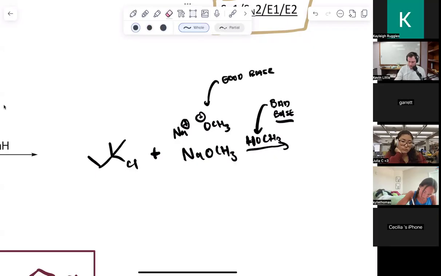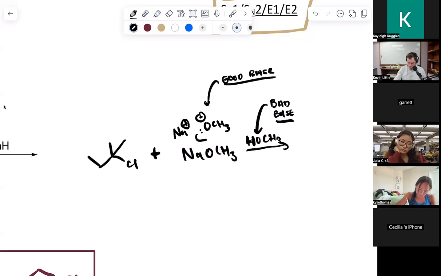Do me a favor. What would happen if my good base was to take that acidic proton? It would become a nucleophile. Sure, I would get HOCH3 and CH3O minus.